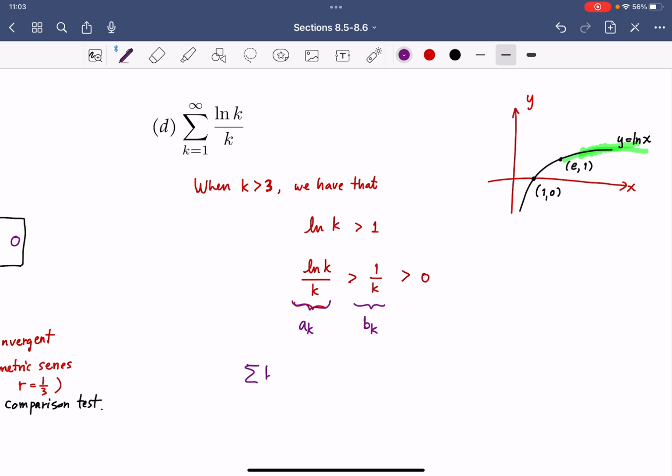And what is the summation of b_k? This is the summation of 1 over k, k starting from 1 to infinity. And this is divergent, right? By the harmonic series or the p-series as well.